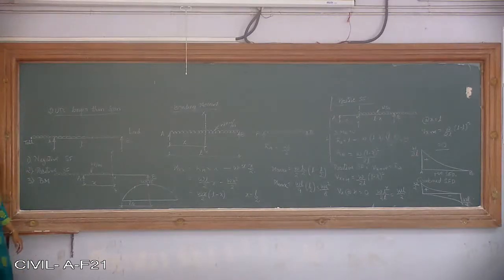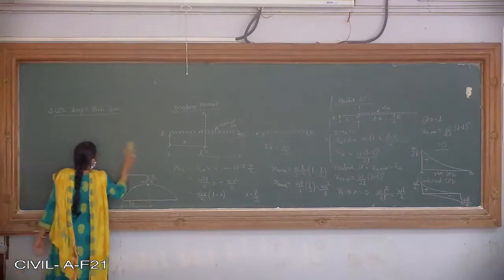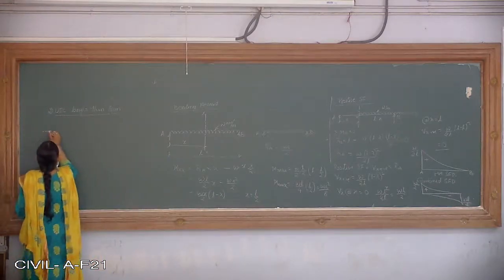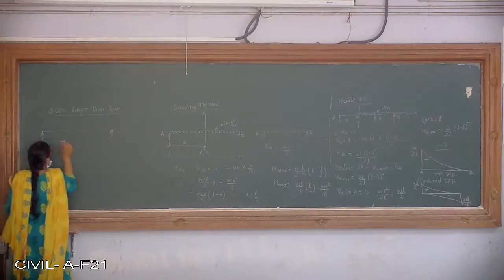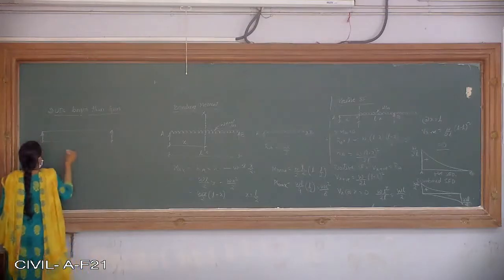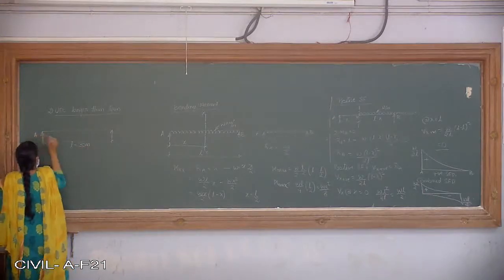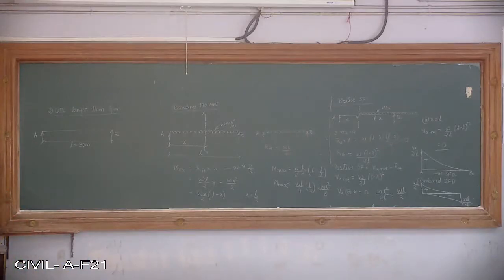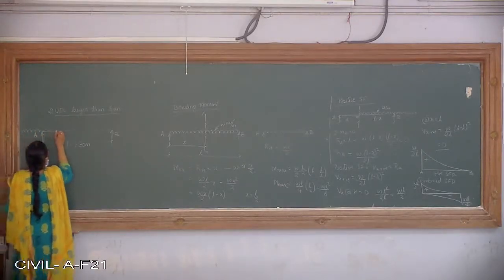So the span of the girder is 30 meters, and it is carrying a UDL of 1.5 kilonewton per meter for a distance of 40 meters.